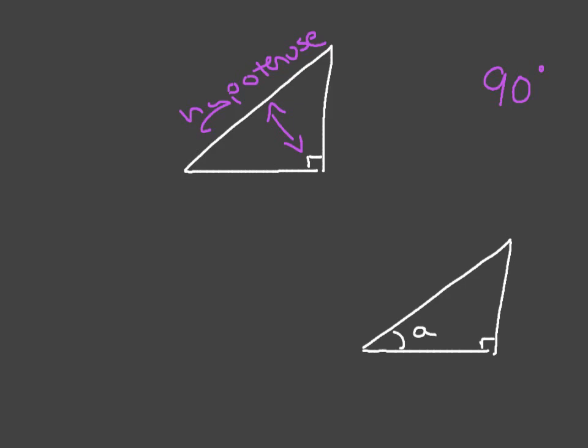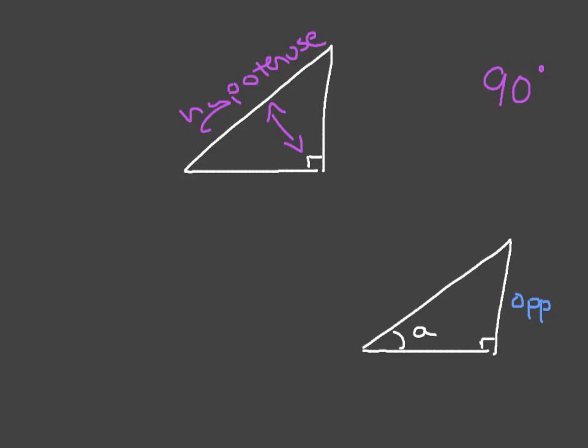Now, relative to that angle, there are two side lengths that we'll need to point out. There's one side length which is directly opposite the angle A, and we can see that it's opposite here. And that side length is known as, quite simply, the opposite. And I'll just write that OPP for opposite.